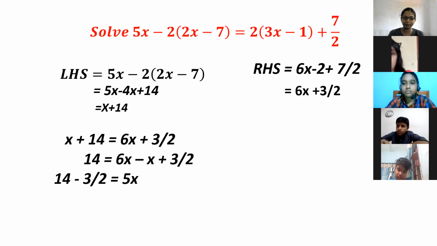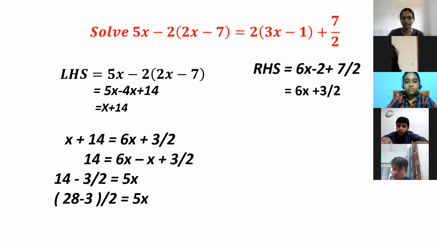Then using cross multiplication, how will you find the answer? It is 14 into 2, that is 28, minus 1 into 3, which is 3. That is, the numerator is 28 minus 3, and the denominator is the product of 1 and 2, which is 2. That is 28 minus 3 by 2, which is equal to 5x. Okay.